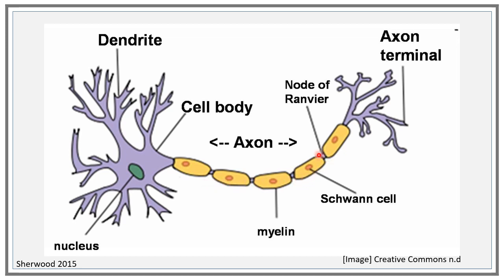And in between each of these myelin sheaths are nodes of Ranvier. And there's a Schwann cell located in each of the myelin segments, if you will. The neuron ends, this particular neuron type, they're not all exactly the same, with axon terminal, and we'll talk more about that as we proceed.